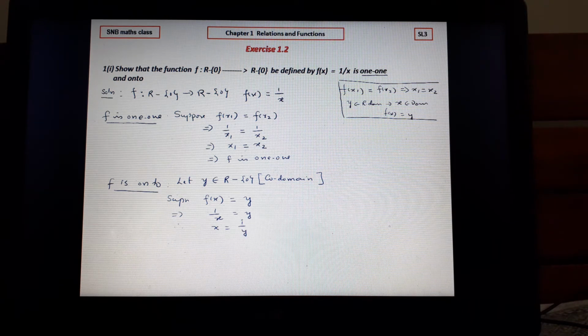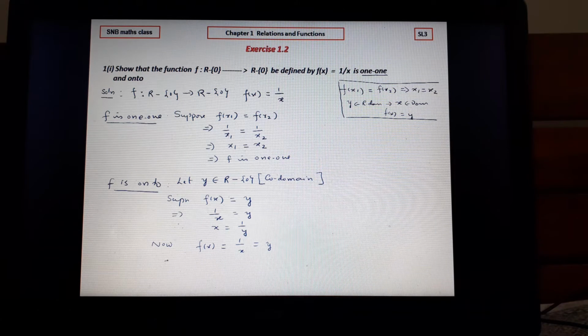Now this 1 by y actually belongs to R minus 0 because y cannot be 0. y is in R minus 0, so definitely y cannot be 0. Therefore 1 by y belongs to this also. Now let us see whether the image of this is y. f of x, by definition, is 1 by x, and 1 by x is y.